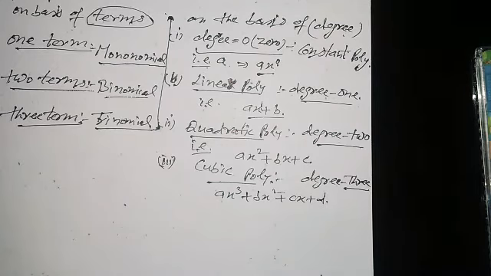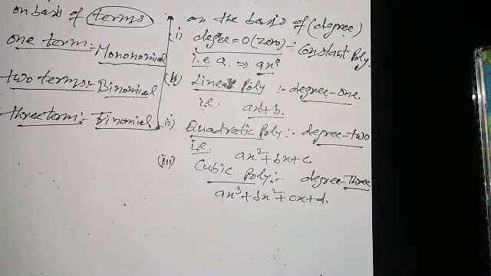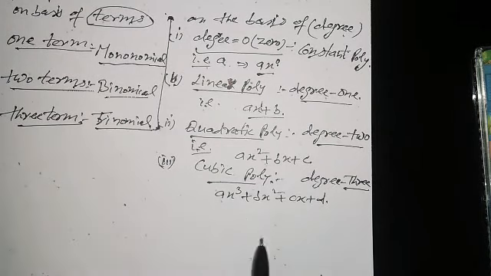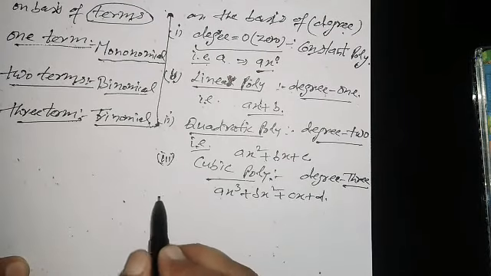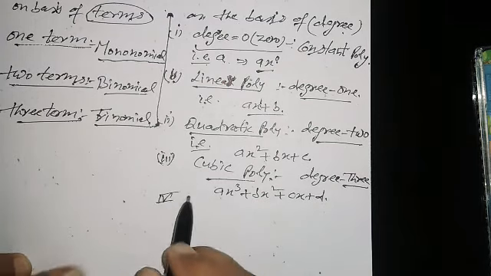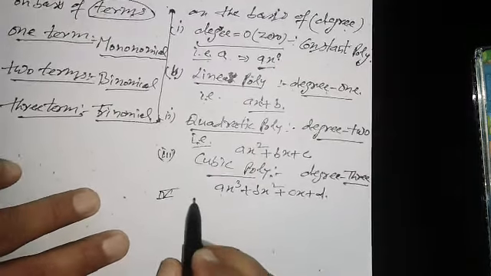And you can use a, b, c, d as constant terms and x, y, z, t as variable terms. In most cases, I will also use in this way.